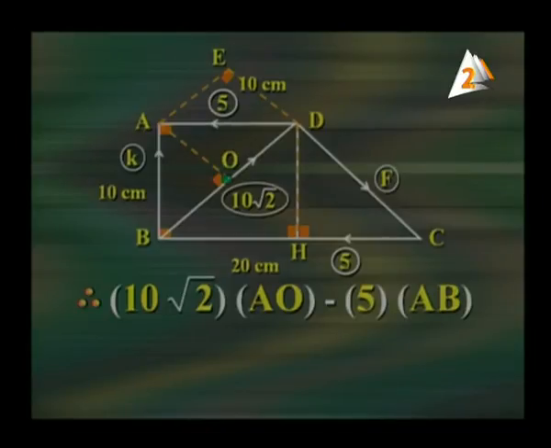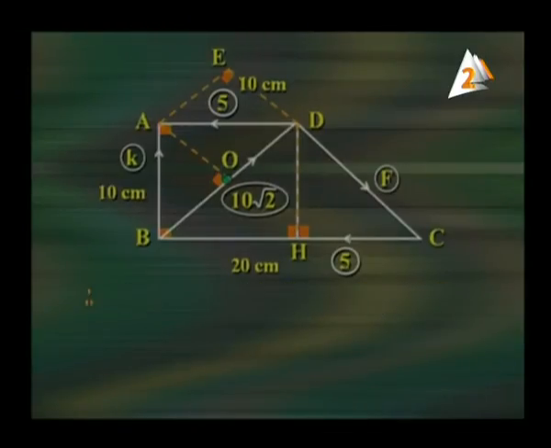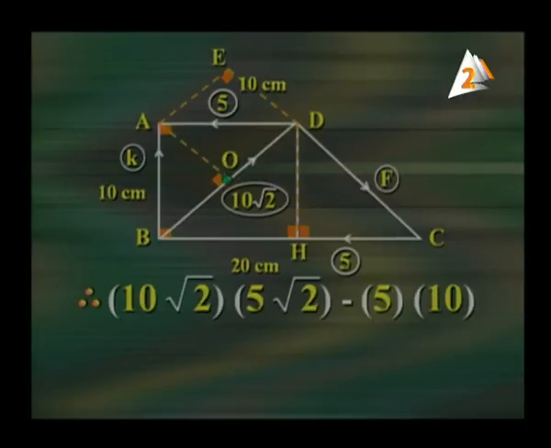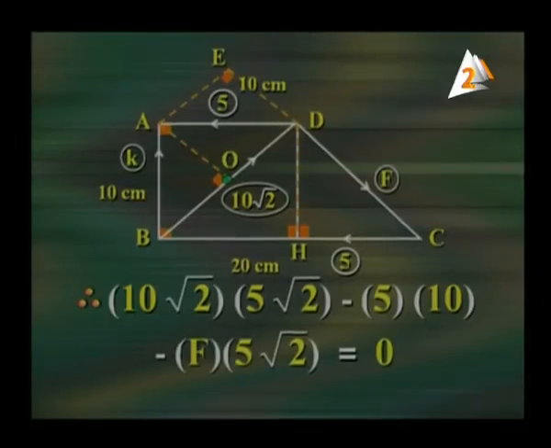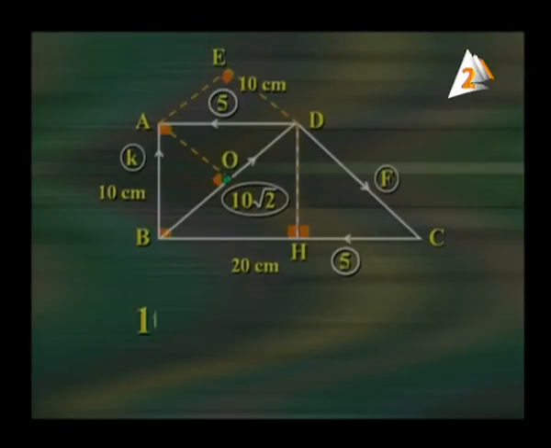So 10 root 2 times 5 root 2 minus 5 times 10 minus F times 5 root 2 equals 0. And 100 minus 50 equals 5 root 2 F, or F equals 50 divided by 5 root 2, which is equal to 5 root 2 Newton.